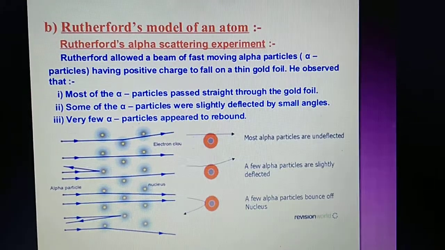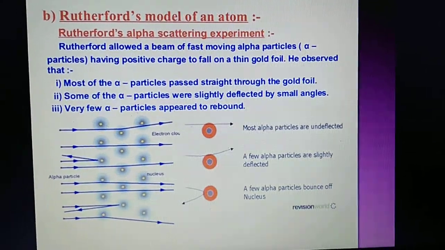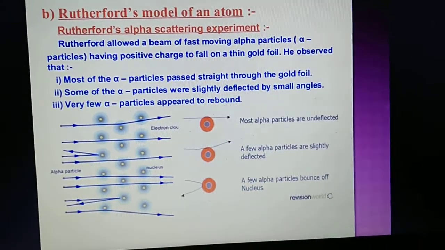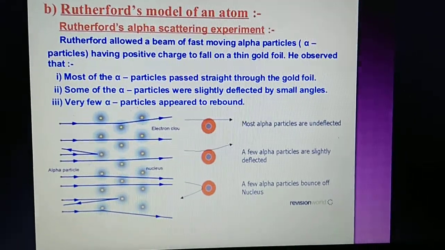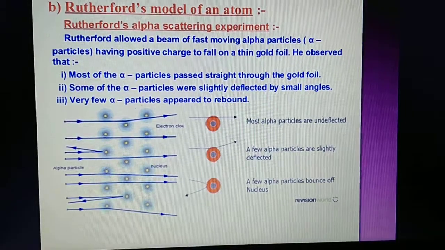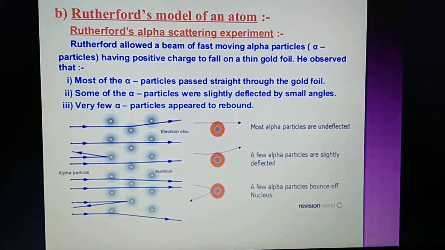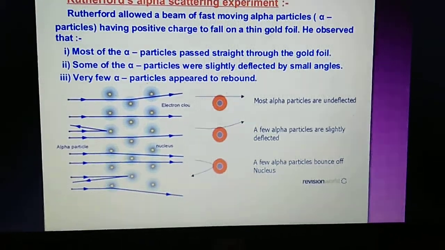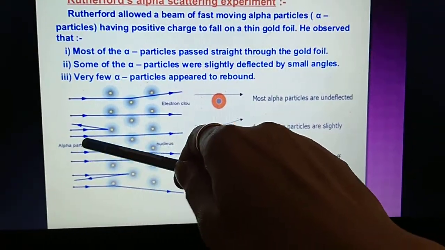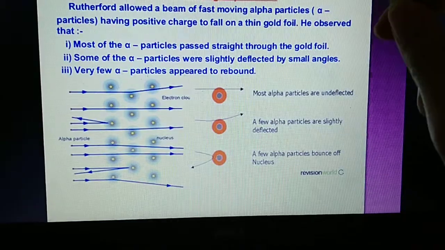Then Rutherford came. Rutherford's model of an atom is also called the Rutherford alpha scattering experiment. In this experiment, Rutherford allowed a beam of fast moving alpha particles having positive charge to fall on a thin gold foil. He observed that most of the alpha particles passed straight through the gold foil.